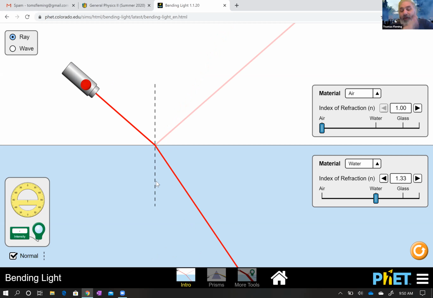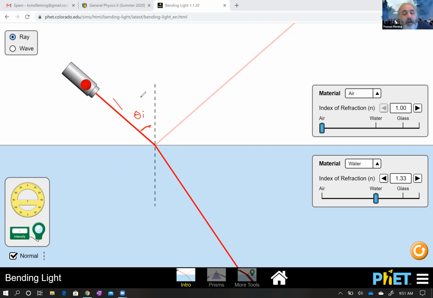The first angle that we're going to care about is something called the angle of incidence. The angle of incidence is the angle at which the light hits the medium as measured from that normal. You can see it here, because here's my beam of light. This right here is my angle of incidence.